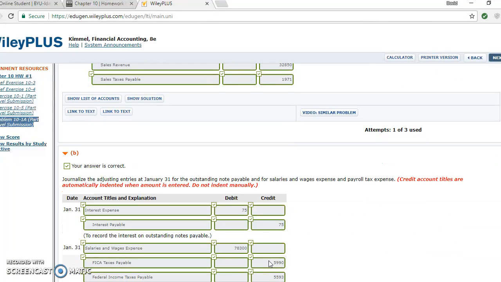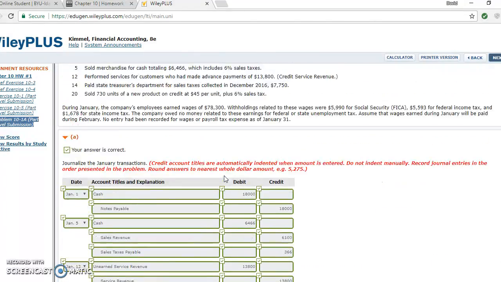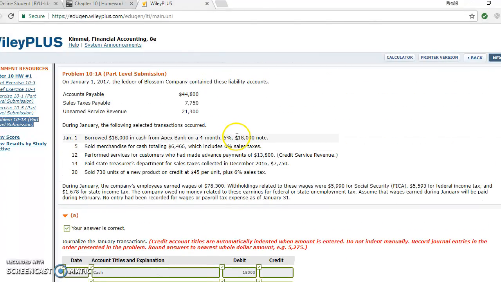And now for the second part, we end up journalizing the adjusting entries. They all have the January 31st date. So the first one, the account titles are going to be interest expense and interest payable. And how we determine the interest expense is we're going to take the amount of the notes payable, which was the $18,000.